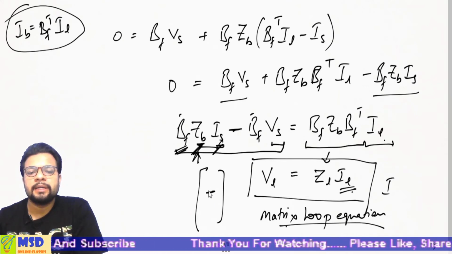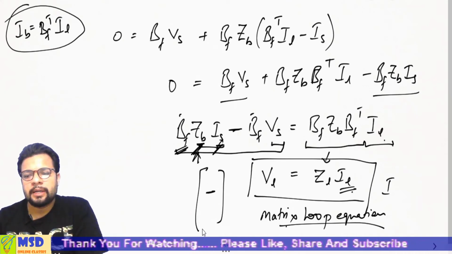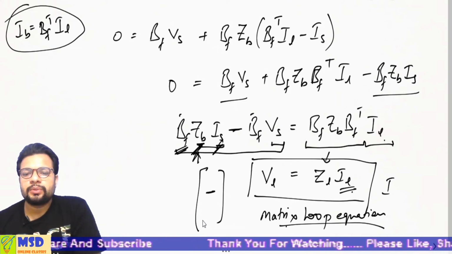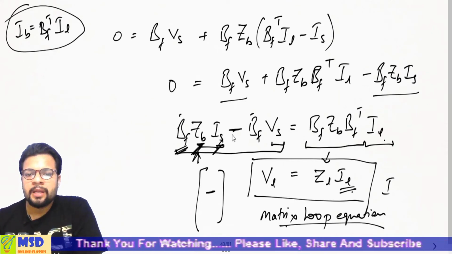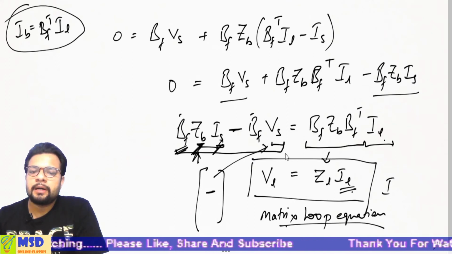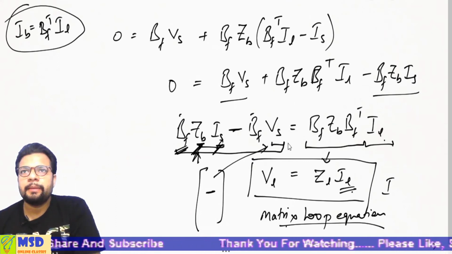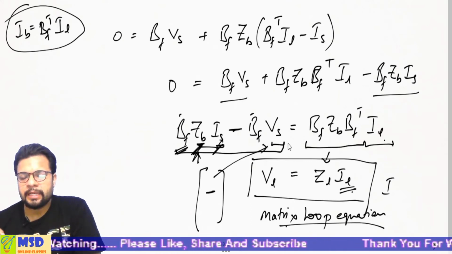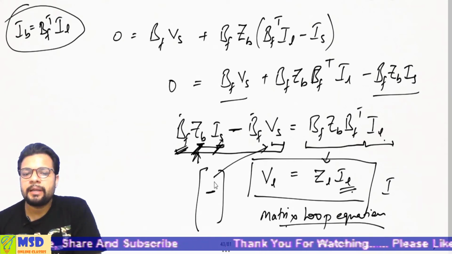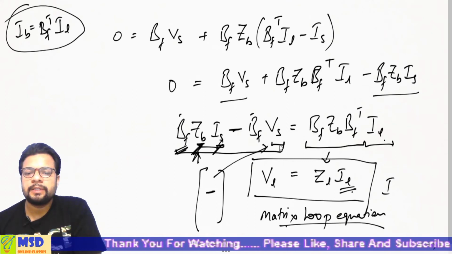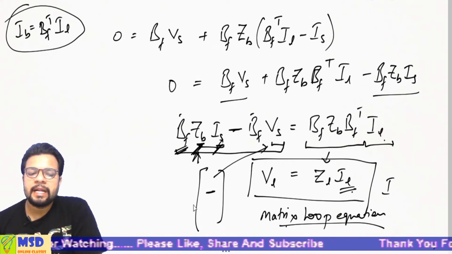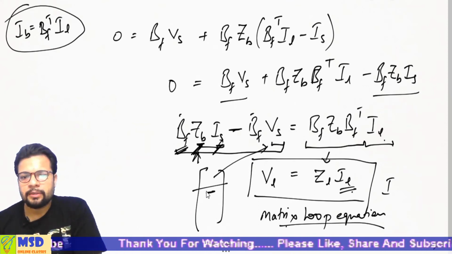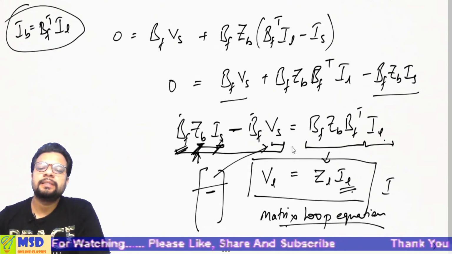Else, you will mark 0 for the remaining branches if there is no current source associated with the branch. Similarly, if you have a voltage source connected in any branch, then you will mark that element equal to the magnitude of that voltage source. Else you will mark 0. So ahead, I am telling you how to write VS and IS.